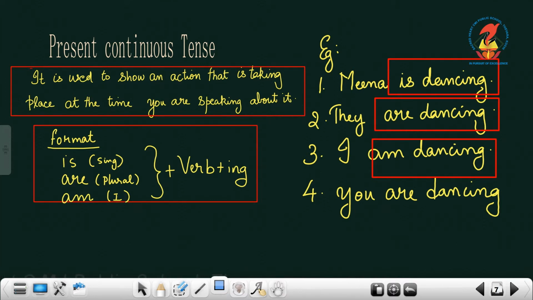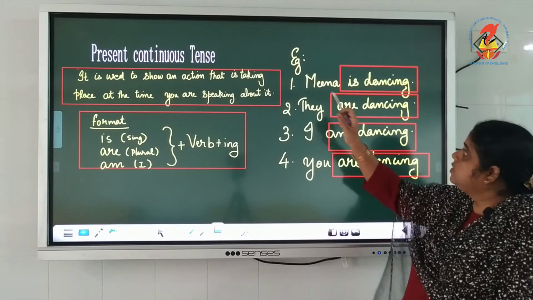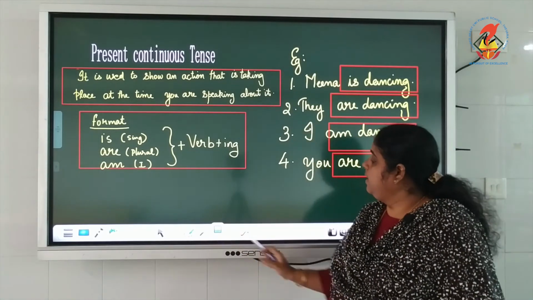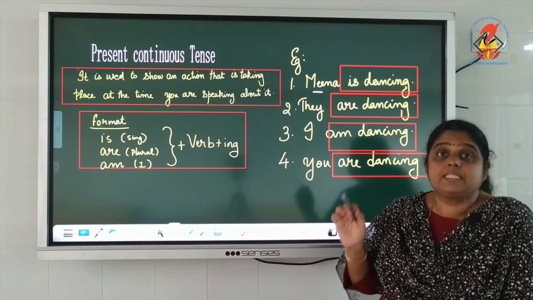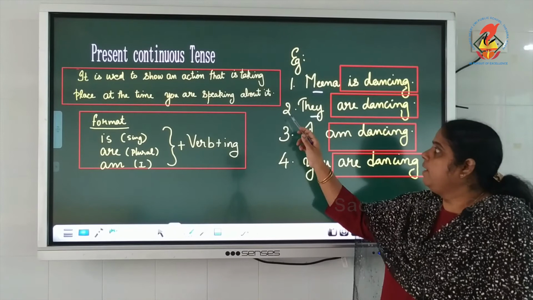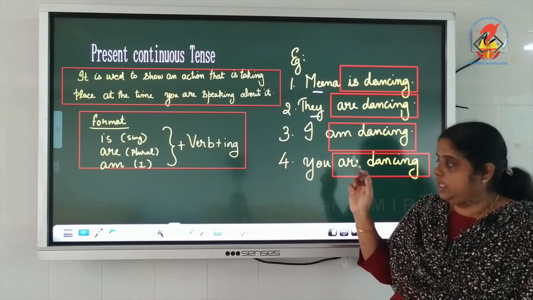And you. I told you the rule of plural is applicable. So, you are dancing. Is it clear to you? I hope it's clear to you. So, Meena being singular, we use is plus dance plus ing. They plural, so we use are plus dance plus ing.